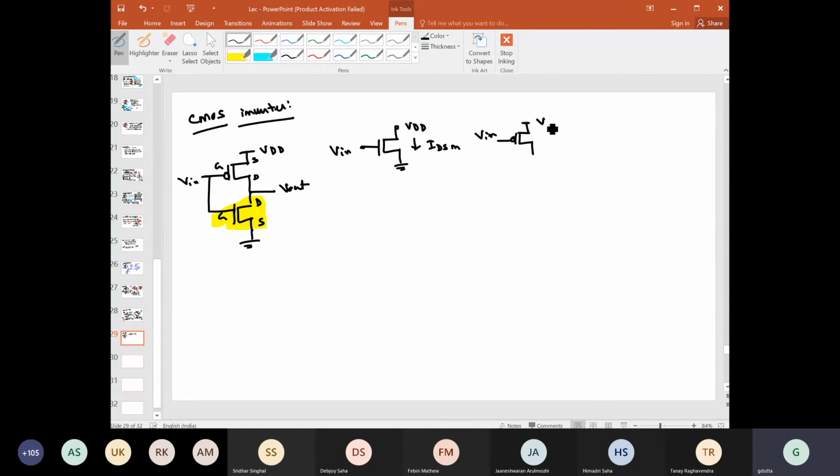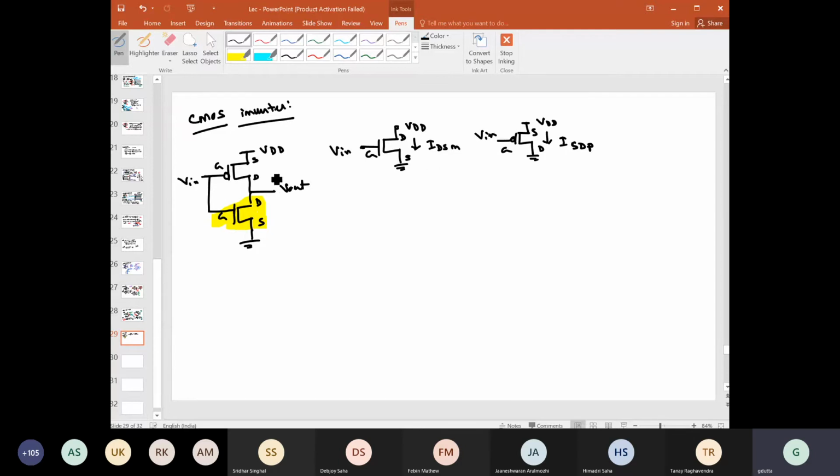Here we have VDD and ground. For the PMOS this is gate, this is source, this is drain, so the current is IDSP, flowing from the source to drain.